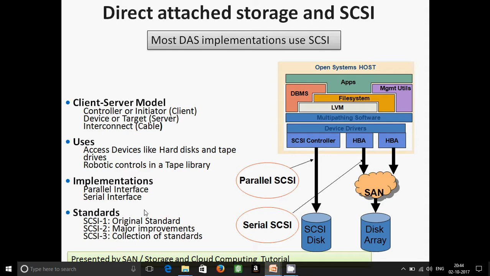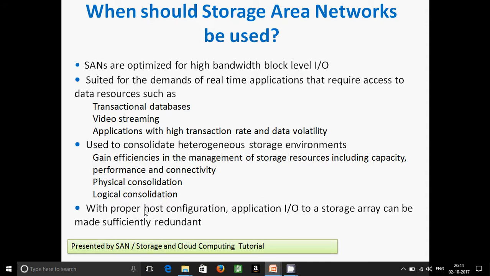SCSI-3 is a collection of standards, with a lot of collections in the standards.